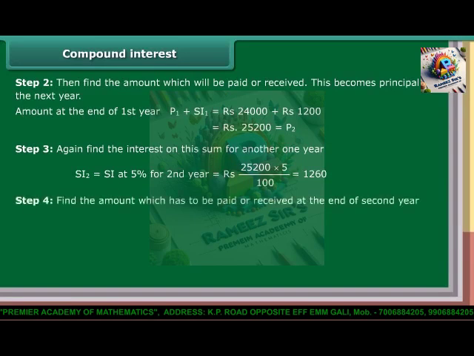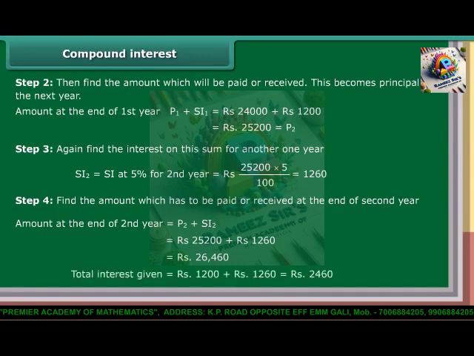Step 4. Find the amount which has to be paid or received at the end of the second year. Amount at the end of the second year is equal to P2 plus SI2, which is equal to rupees 25,200 plus rupees 1,260, which is equal to rupees 26,460.